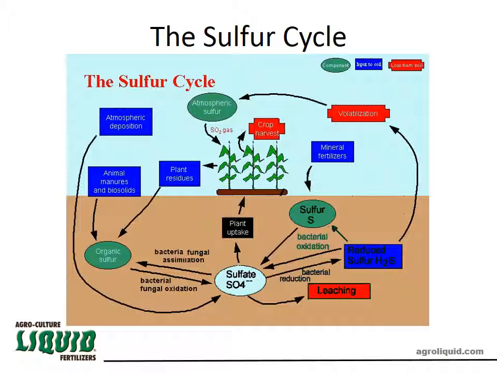Also, bacteria can reduce that sulfate and give off hydrogen sulfide, which is then volatilized in the atmosphere. So that can be one of the loss pathways of sulfur in the soil. So, again, as you can see, these things can go back and forth, but really the only thing that we can control is the application of manures and mineral fertilizers as a source of sulfur in the soil.